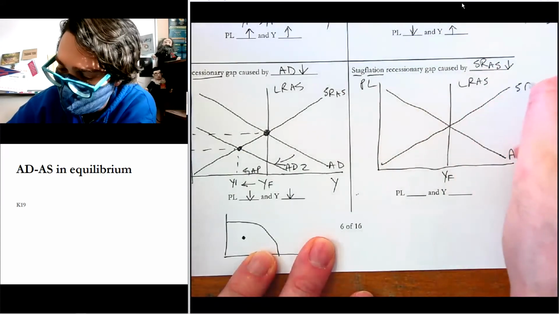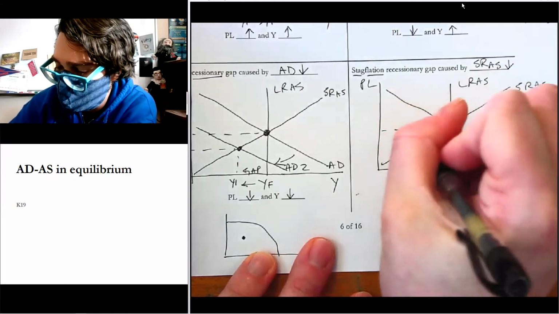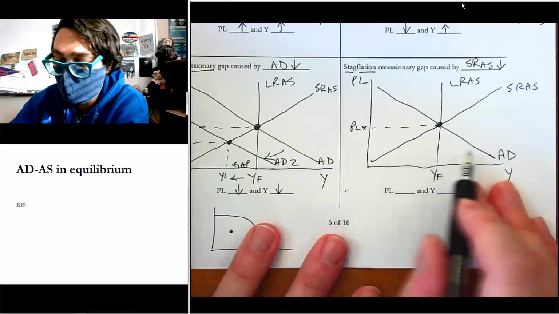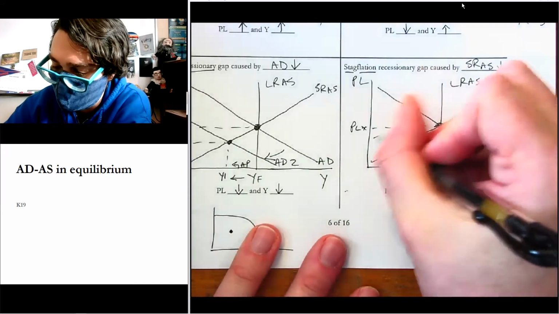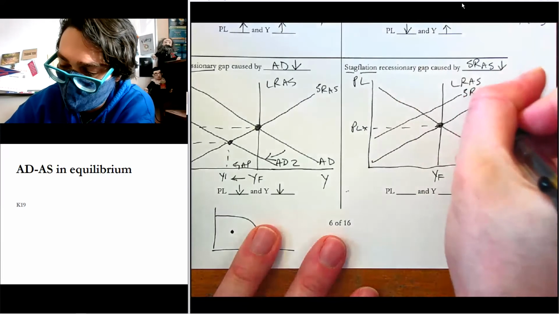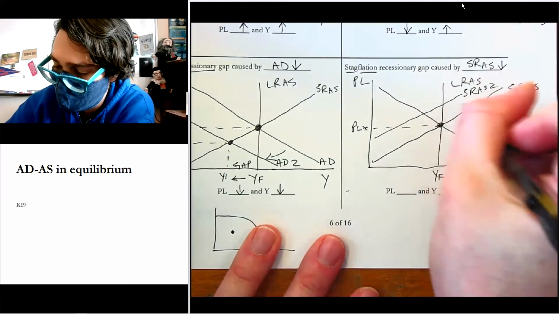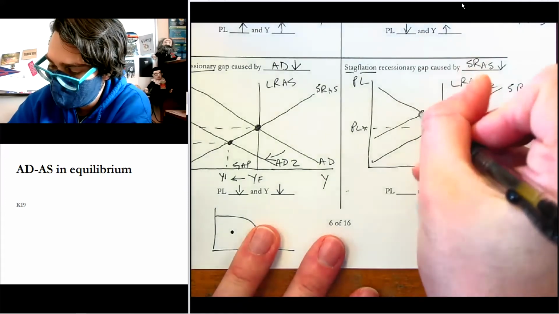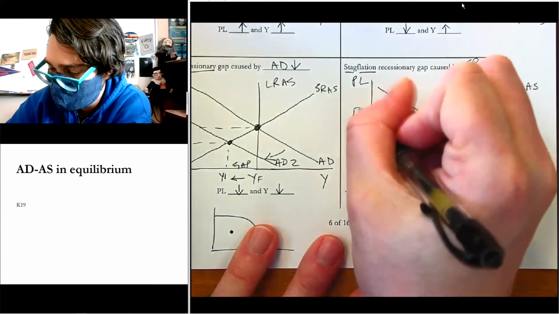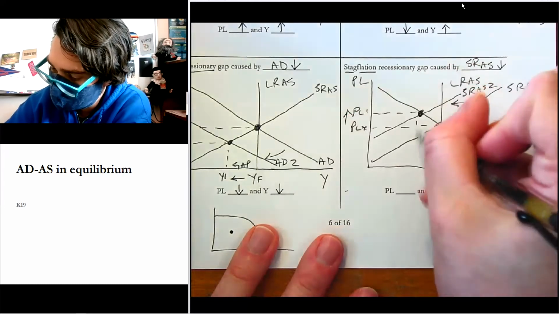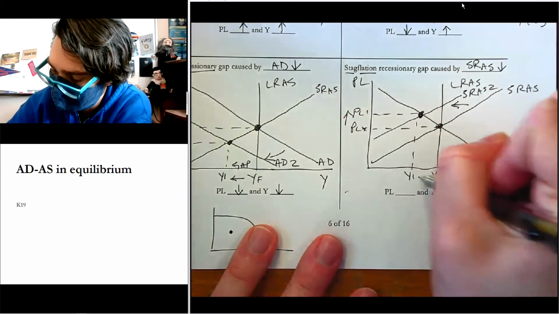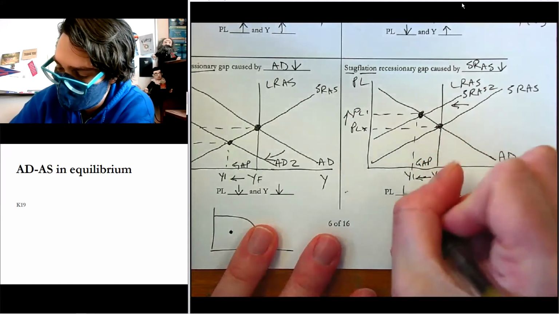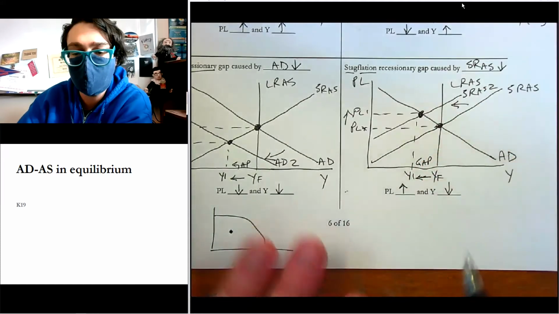SRAS, PL star. Now, in this one, we'd say aggregate supply is going to decrease. Maybe oil prices went up, right? So short run aggregate supply shifted to the left. And now we've got higher prices and less output. So that's our gap. So prices went up and output went down. This is the worst.